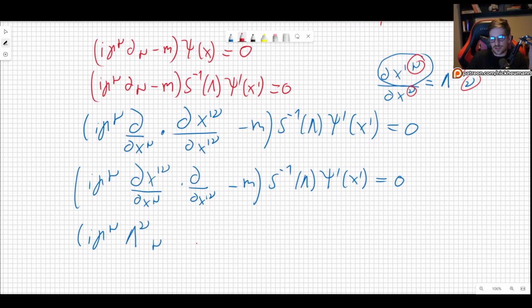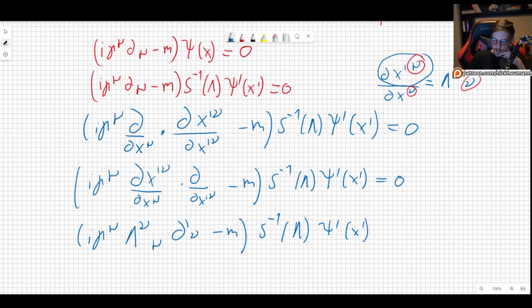It's simply notation, just the name; they are dummy variables here. And then we have d/dx prime^nu, which is d prime_nu, and then minus m, S^-1(lambda) psi prime of x prime equal to 0.